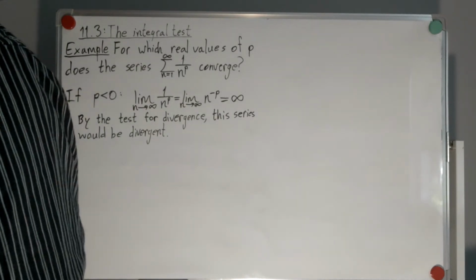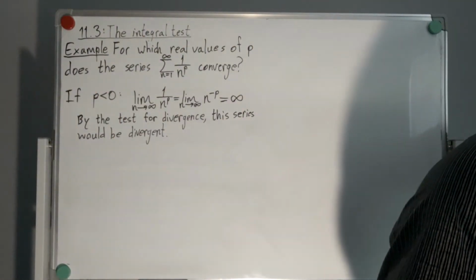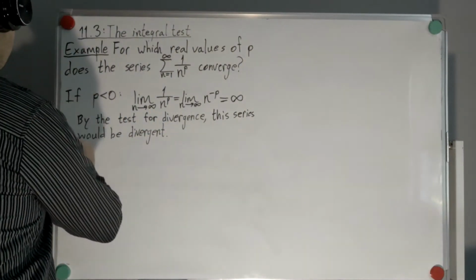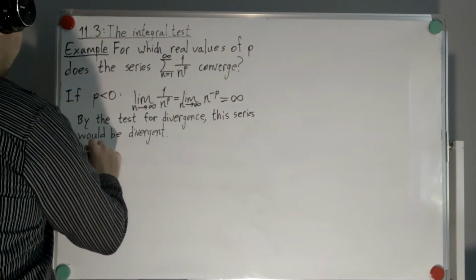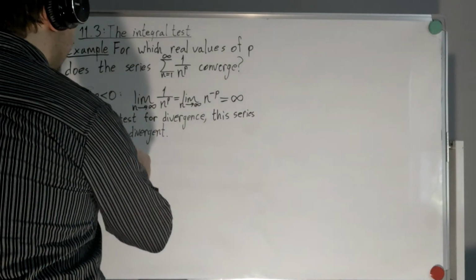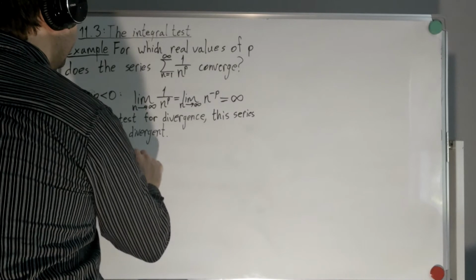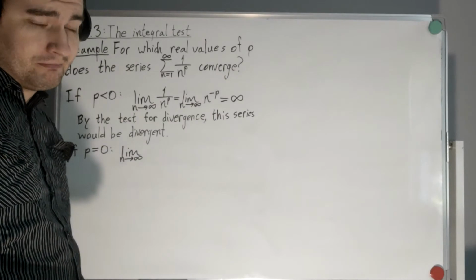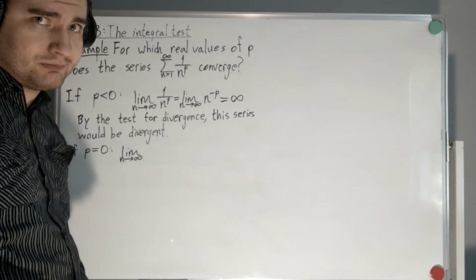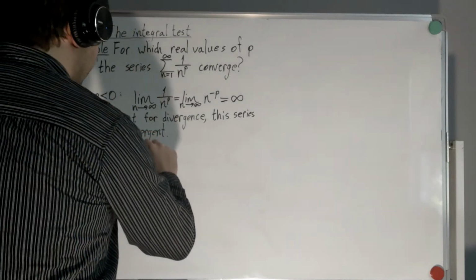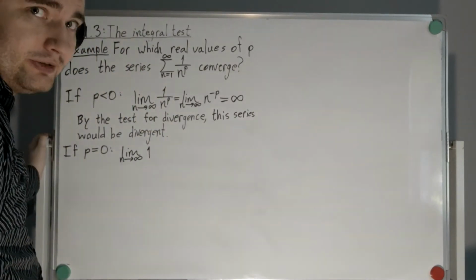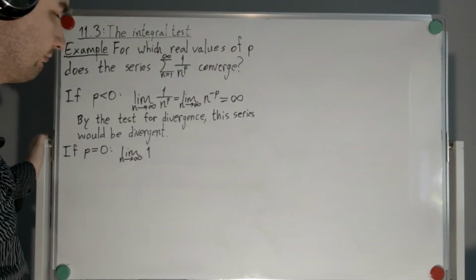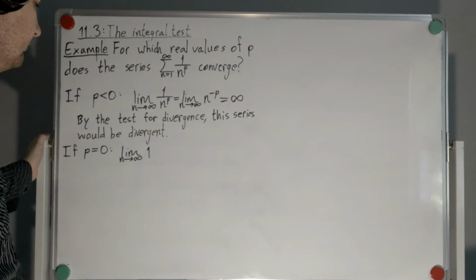Next up, there's the possibility that p is just 0. If p is 0, then this is the limit as n approaches infinity of 1 over n to the 0. But n to the 0 is just 1, so that's 1 over 1, which is 1. So the sequence of terms is just 1, 1, 1, 1, and so on, and you're adding all of those up.